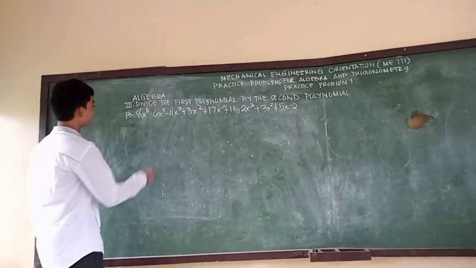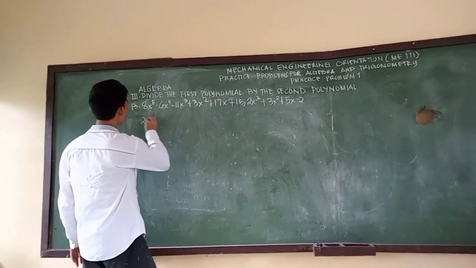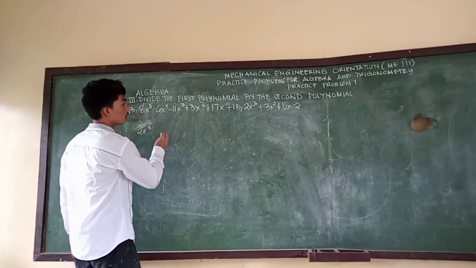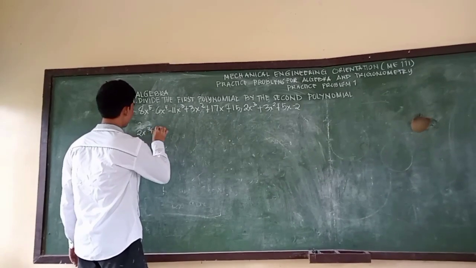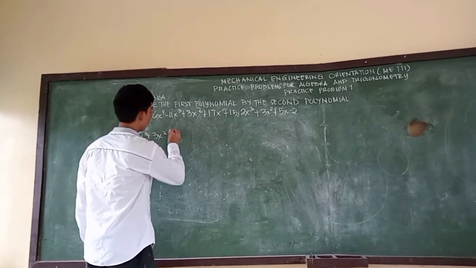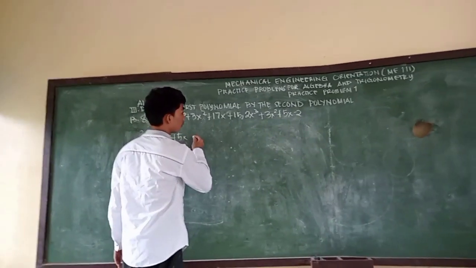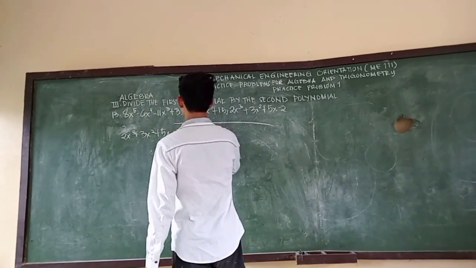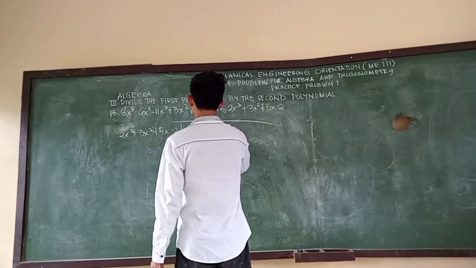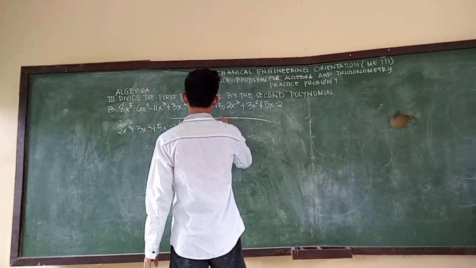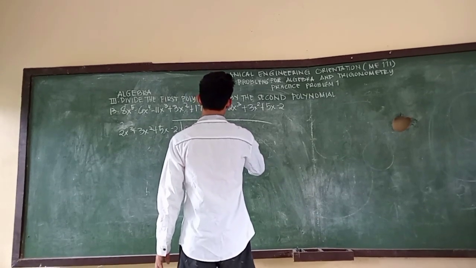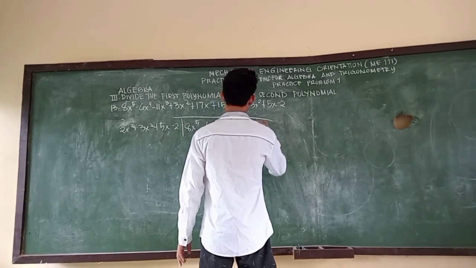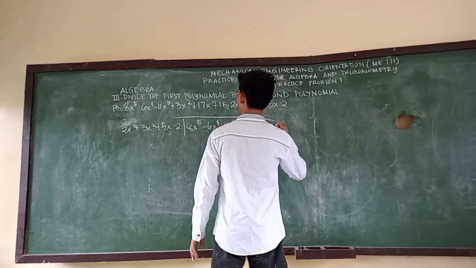So we have 2x cubed plus 3x squared plus 5x minus 2 and 8x to the 5th minus 6x to the 4th minus 11x cubed plus 3x squared plus 17x plus 15.